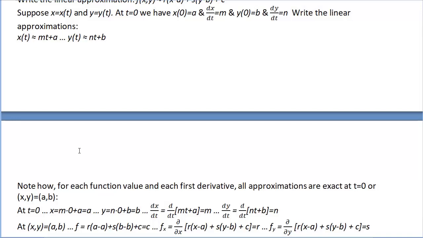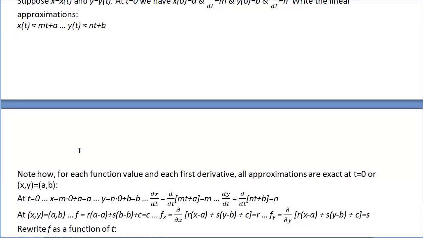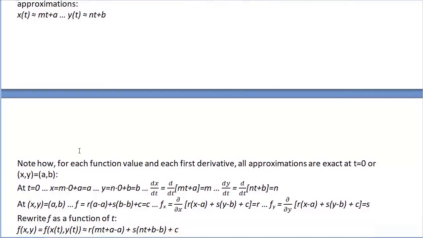So now let's plug that in, and we can write the linear approximation for f in terms of t. Oops, sorry, that's the wrong line. That's old business. Okay, so now let's rewrite f as a function of t. f of (x, y) equals f of (x(t), y(t)), and what does that wind up being?